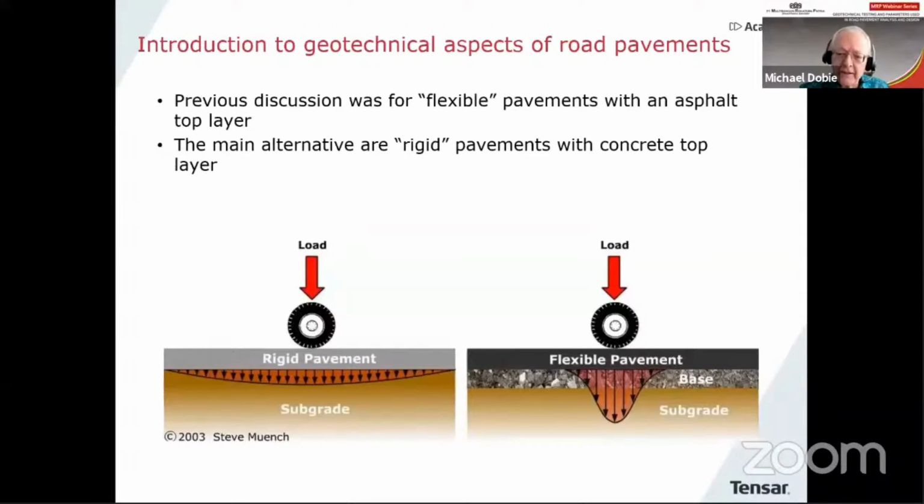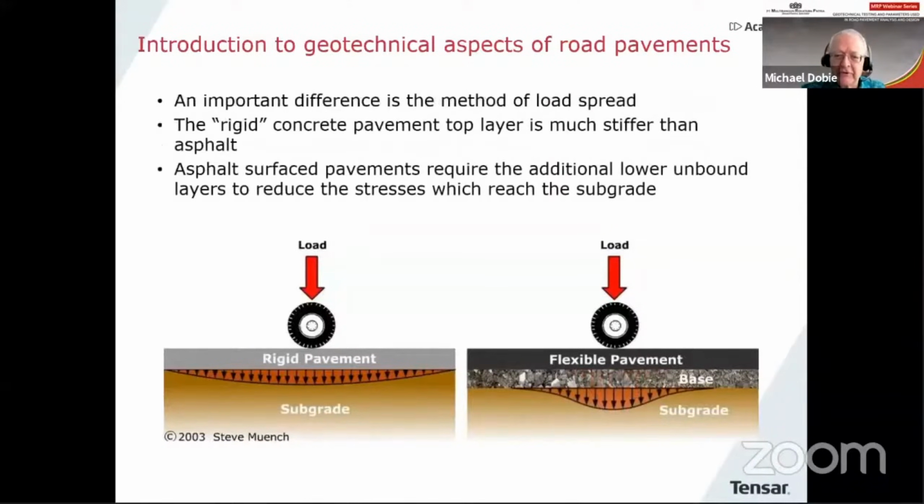And that's why we need to have those additional aggregate layers to spread that load further to reduce the contact pressure on top of the subgrade. Now, this doesn't mean you don't need to have supporting layers for rigid pavements, but generally they're not so thick, and they're not necessarily incorporated directly into the design, but they definitely are in flexible pavements.